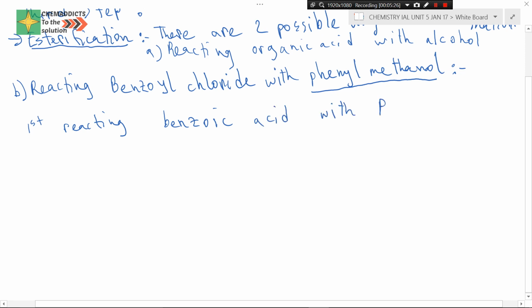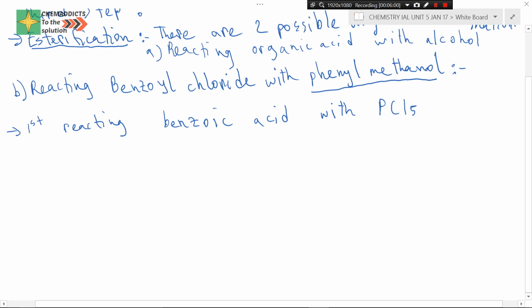Since benzoic acid has an OH group, and any compound that has an OH group will definitely react with PCl5, you know that this is a test for the hydroxyl group. That is why benzoic acid will react with PCl5.